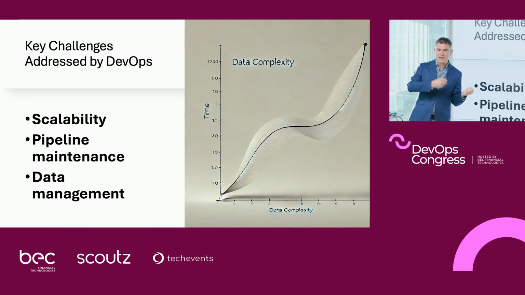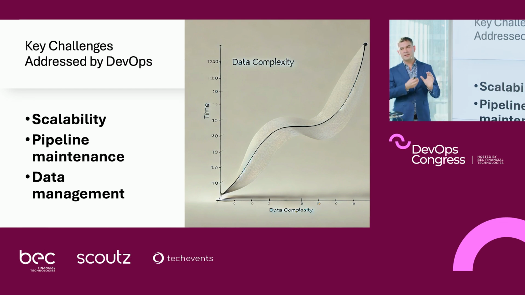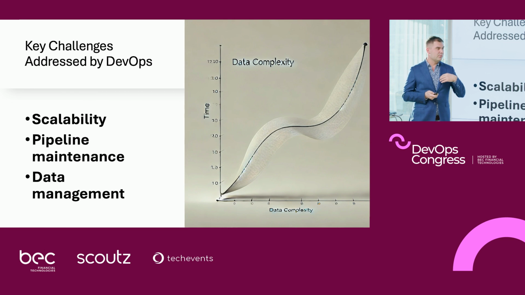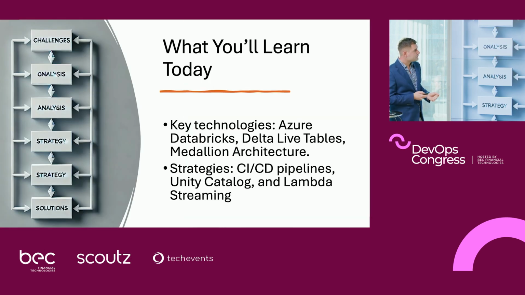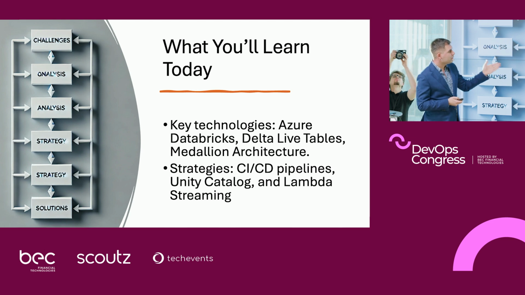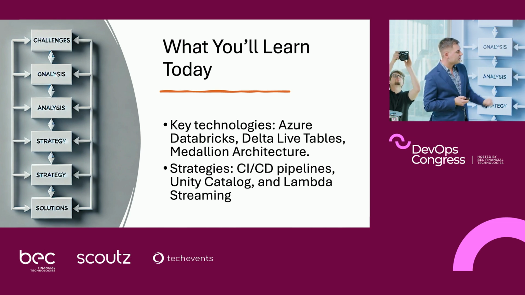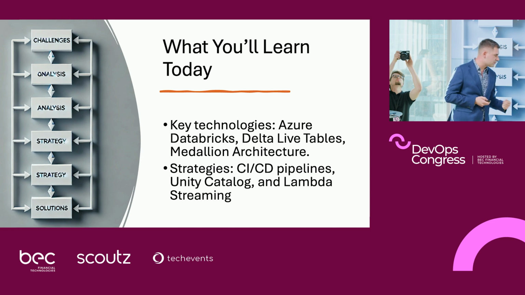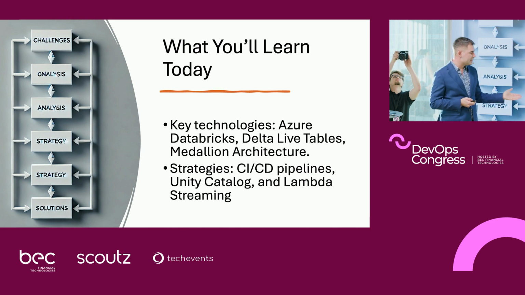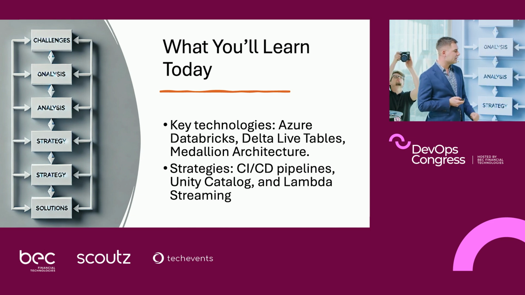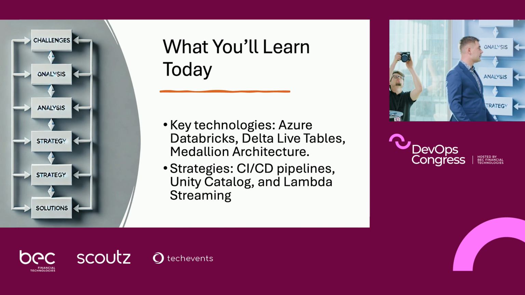So we can write our tests to check the quality of our data. Yes. So you will learn today key technologies: Azure Databricks, Delta Live Tables, Medallion architecture, what it is, strategies, CI/CD pipelines with data, Unity Catalog, and Lambda streaming.